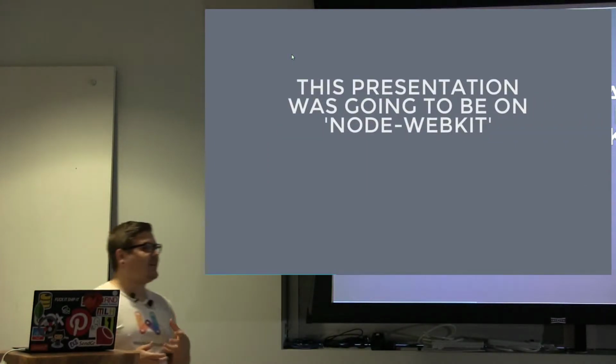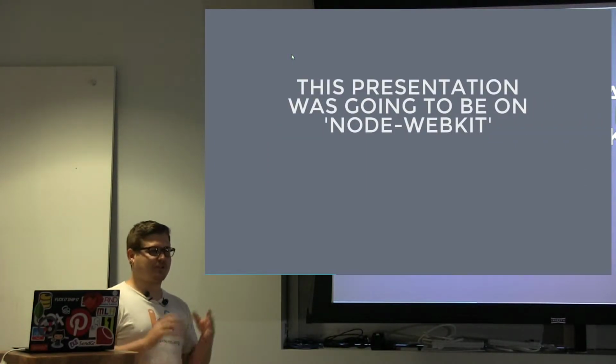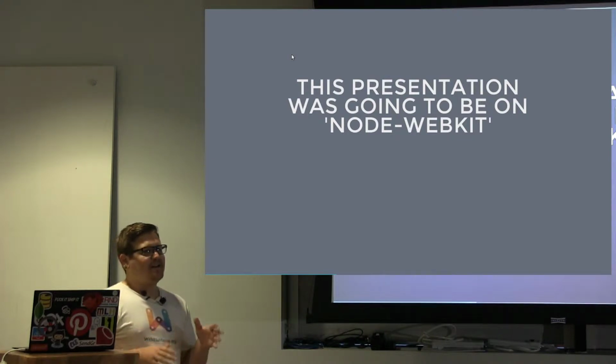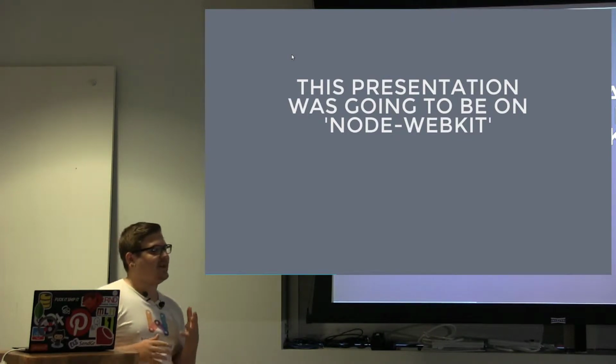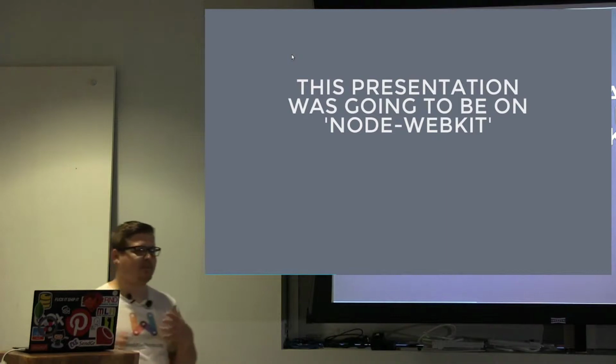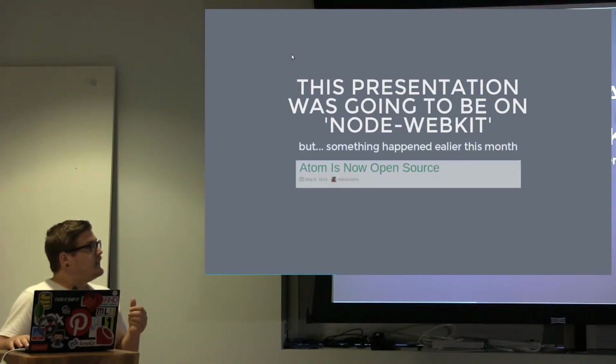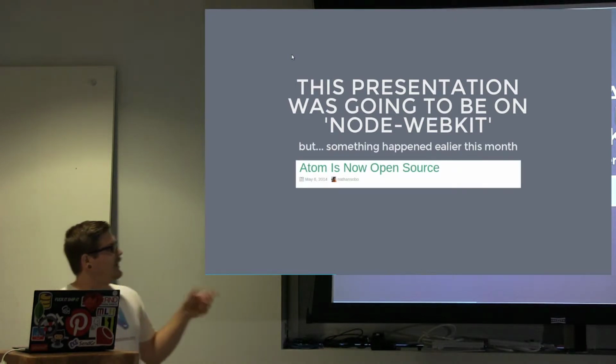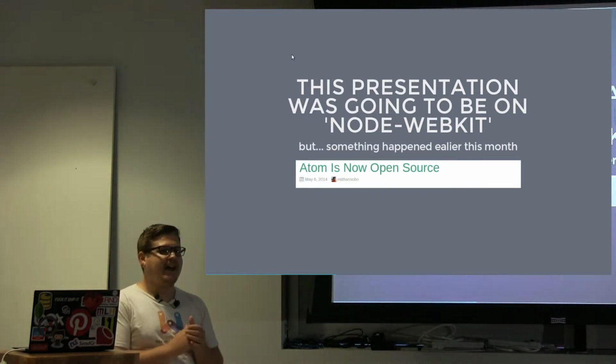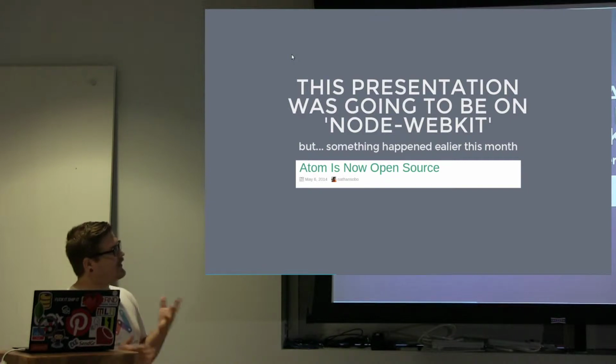And actually, I was going to talk about Node WebKit throughout this whole presentation, but then something happened this month. Just for reference for people who are watching this online, this is May of 2014. GitHub released their Atom IDE as open source, which I thought was great.